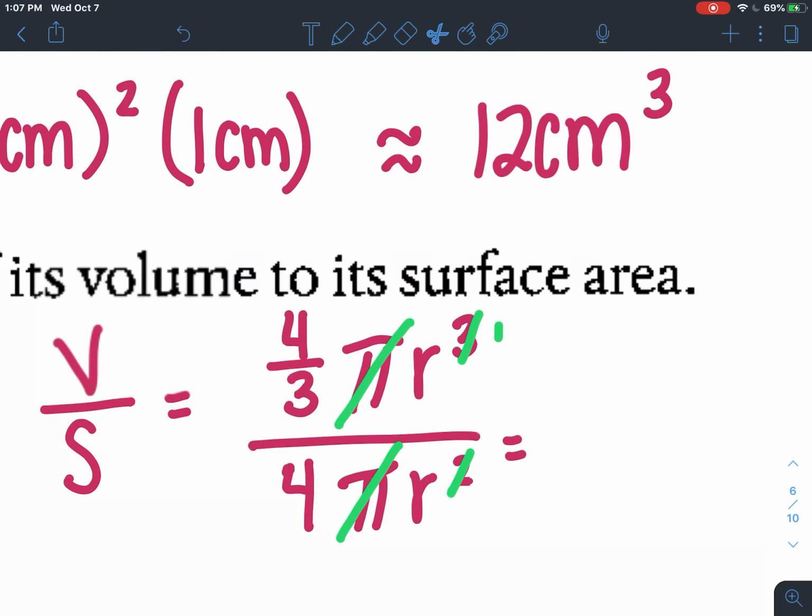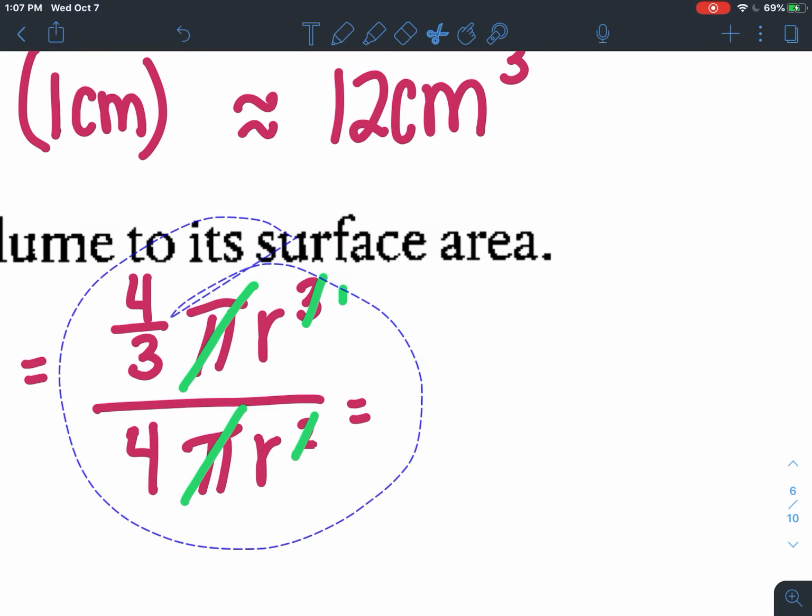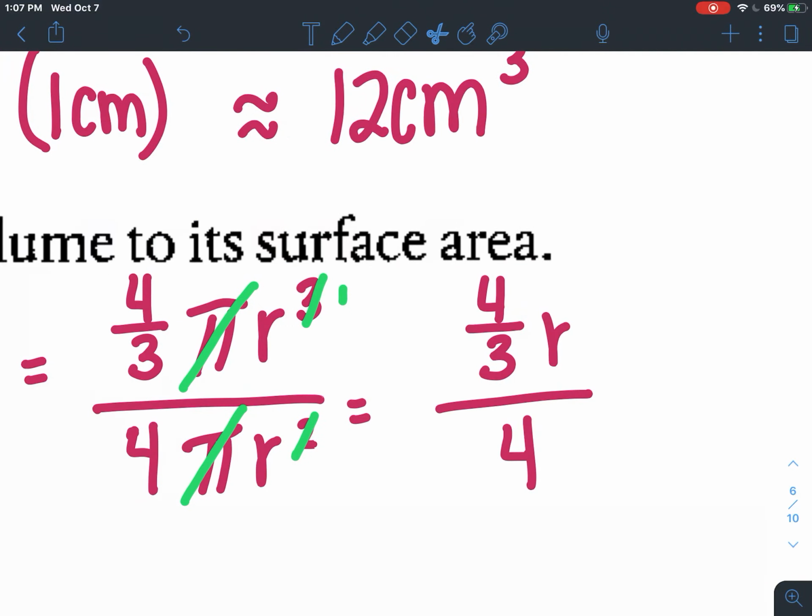My pi's cancel out. I have a pi on the top, a pi on the bottom. 3.14 divided by 3.14 is 1. They cancel out. And then I have r cubed over r squared. So I'm going to subtract the exponents, and I'm just left with an r in the numerator.